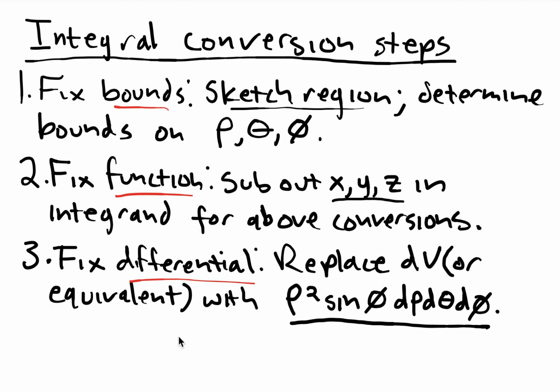And then the final thing that I'll mention before we move on, the last thing we have to fix in the integral is the differential. We have to replace that dv with rho squared sine phi d rho d theta d phi. I won't bore you guys with the derivation of this.